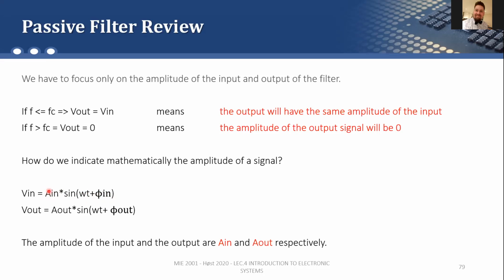And this is A in. A in is practically the amplitude we are looking for, the amplitude of the input signal. Same for the output. If a circuit has a sinusoidal input signal, then of course all the signals in the circuit must be sinusoidal. That's why I can write V out in sinusoidal form. This is very important.